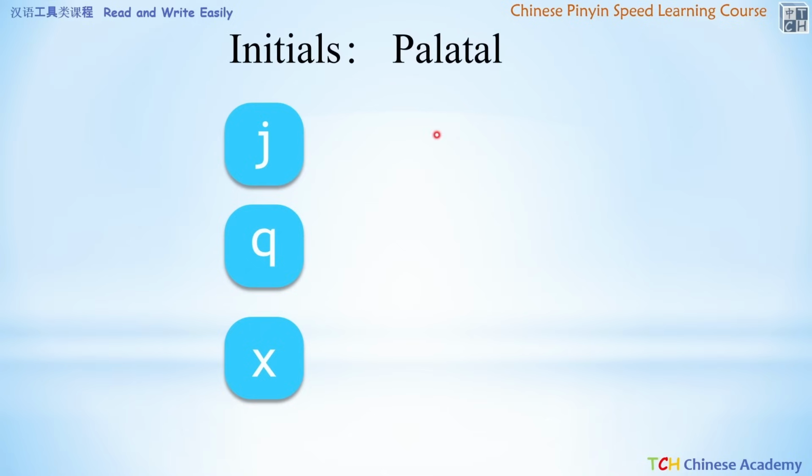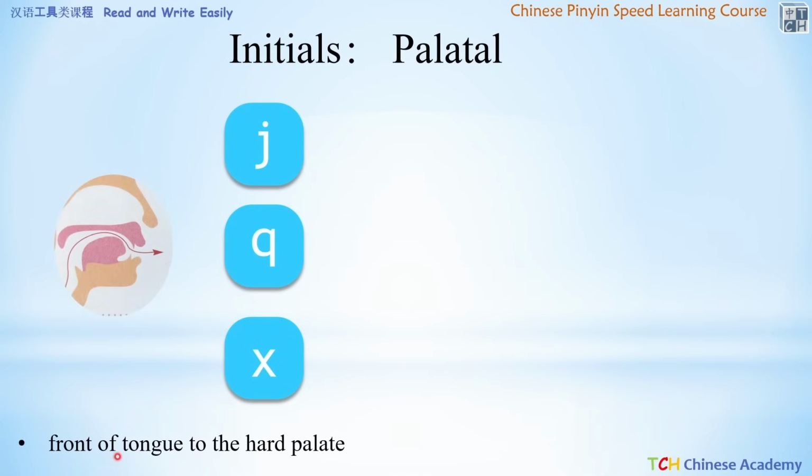Well, let's compare these three palatal initials. 鸡 qi, xi, and they have the same tongue positions. That is the front part of the tongue raised to the hard palate, and we need to press the tip of the tongue to the back of the lower teeth.